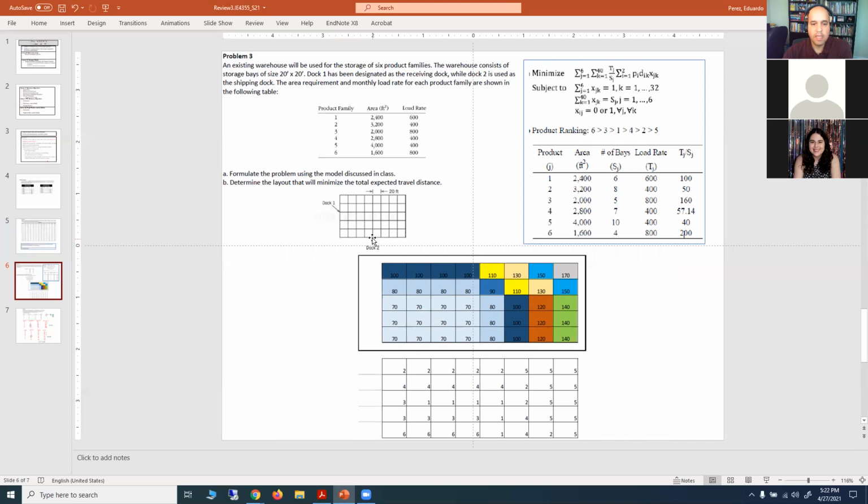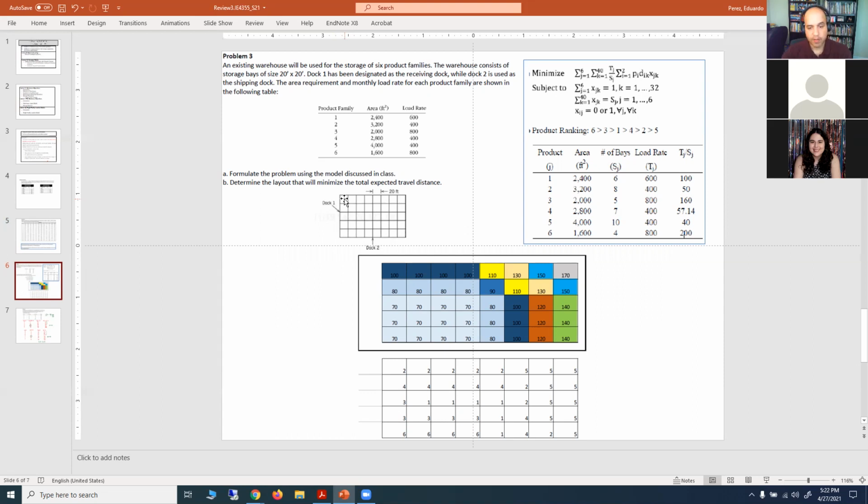Then you have to do the same thing from this cell up to door 2, assuming that 50% of the time you use either of these two doors. So you multiply 50% times the distance to door 1, plus 50% times the distance to door 2.